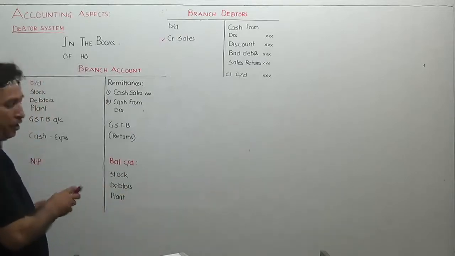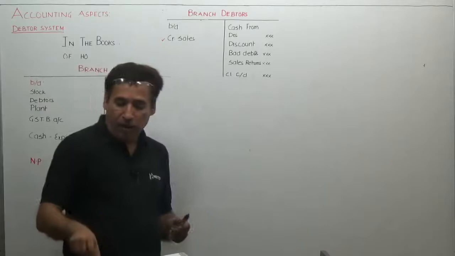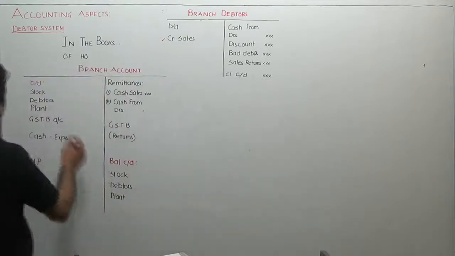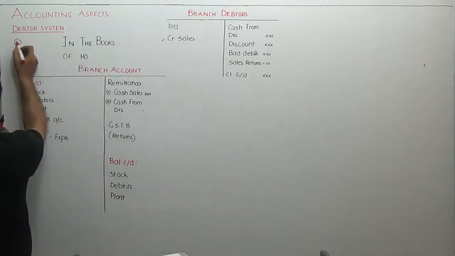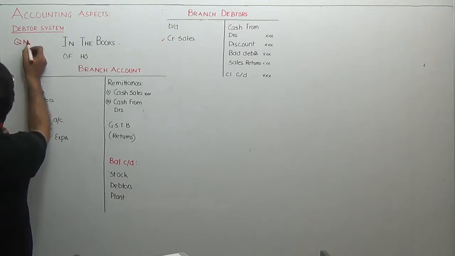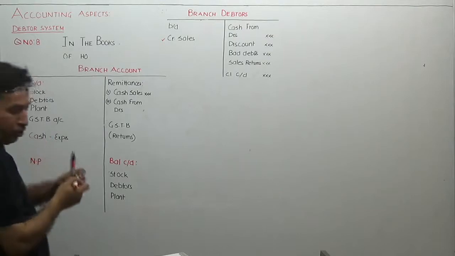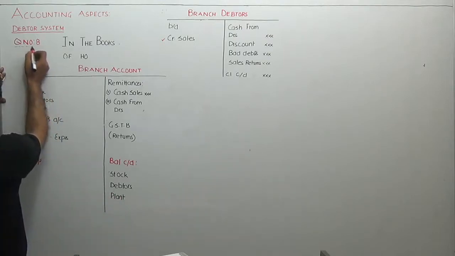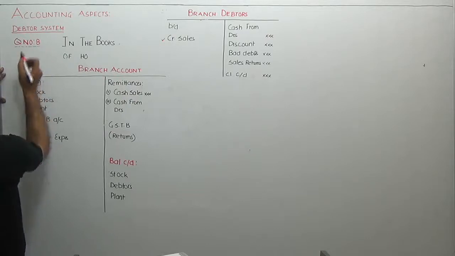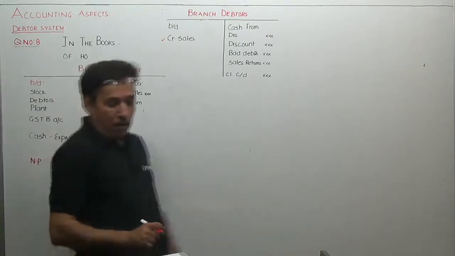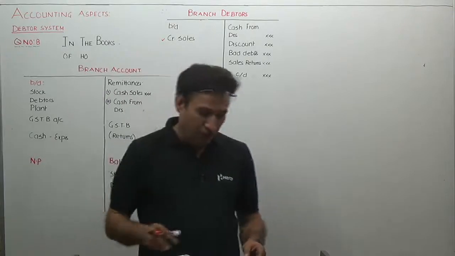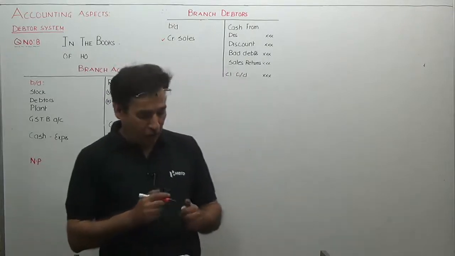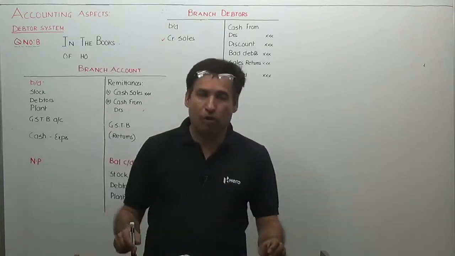Question number 8, I am picking up. This is the second session of the day. Now question number 8 states that from the following details, prepare a branch account in the books of head office.